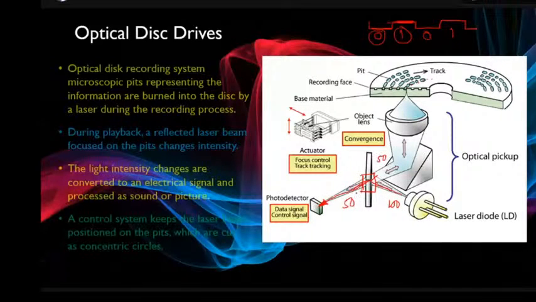This will go through the mirrors and the lens, and it will concentrate on this particular point, where the laser is coming. Then the beam will get reflected back and flow in this direction, and it will directly hit the photodetector, which is typically a quadrature type photodetector, meaning I have 4 quadrants in it.